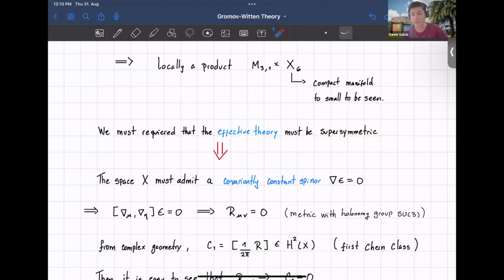And then in order to keep it supersymmetric, the fermions should have some properties, and this property is basically to be covariantly constant. And then, of course, it comes from physics motivation, but it leads to mathematical implications on the ambient variety. I don't know if that answered your question. Thank you. Okay, no problem.